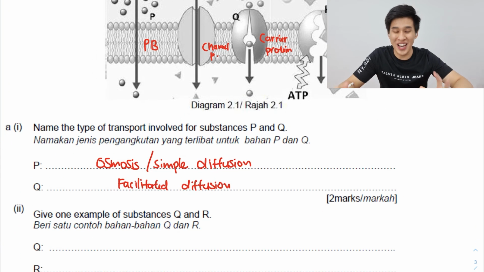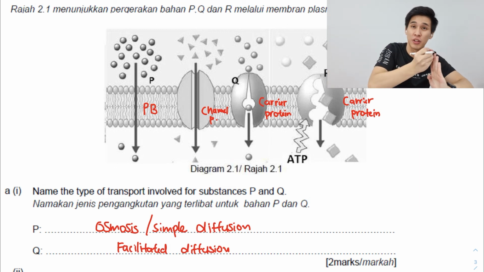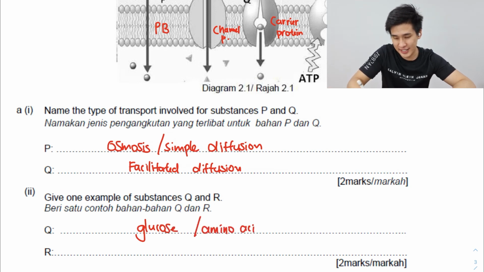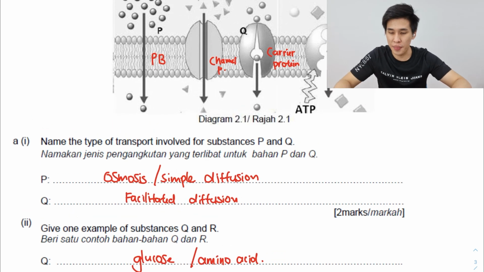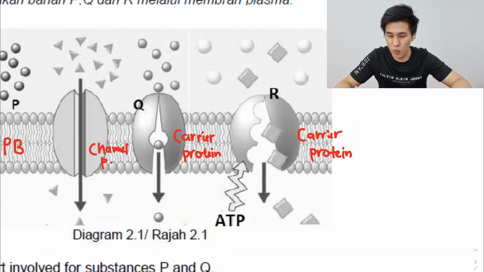And then now they want us to give an example of the substance. Facilitated diffusion through carrier is not ions, it's large molecules. Remember, they cannot pass through the channel because they're too big. But they want an example. Don't just write large, you have to give either glucose or amino acid. Last one, R. Carrier protein, facilitated or active.